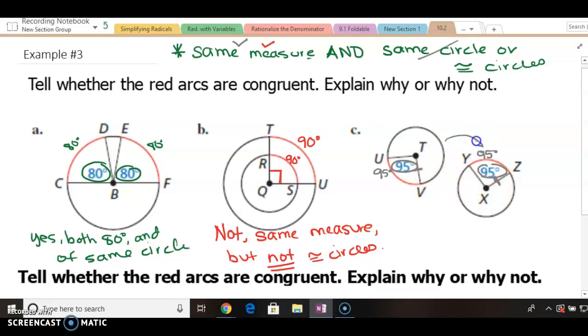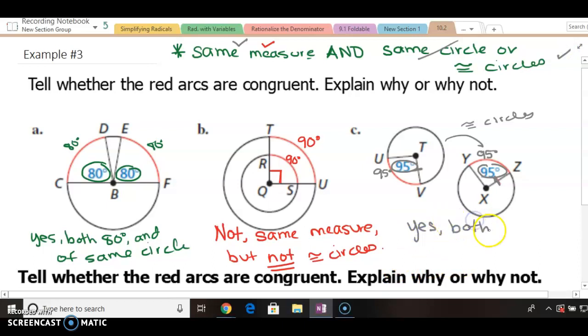So these circles are congruent circles. So that does check that box right here. So I can say that yes, these are congruent arcs because both are 95 degrees and are a part of congruent circles.